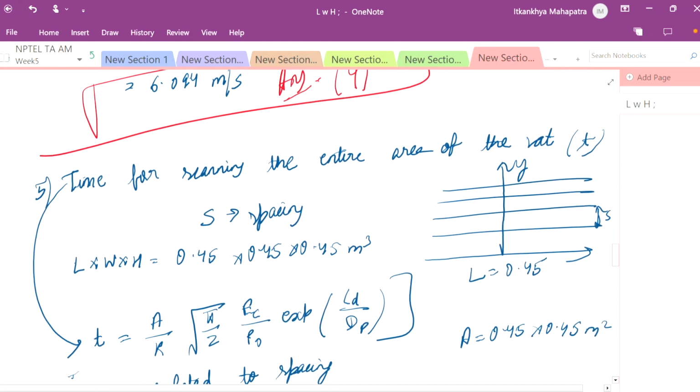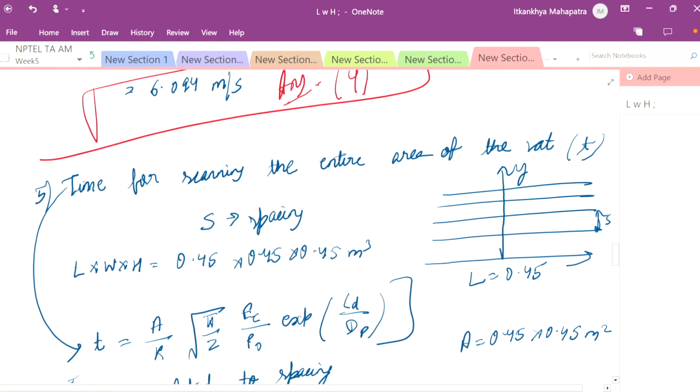Next is the time for scanning the entire area of the vat. Let's consider an X and Y axis. These are various strands, and the space between two strands is known as spacing.